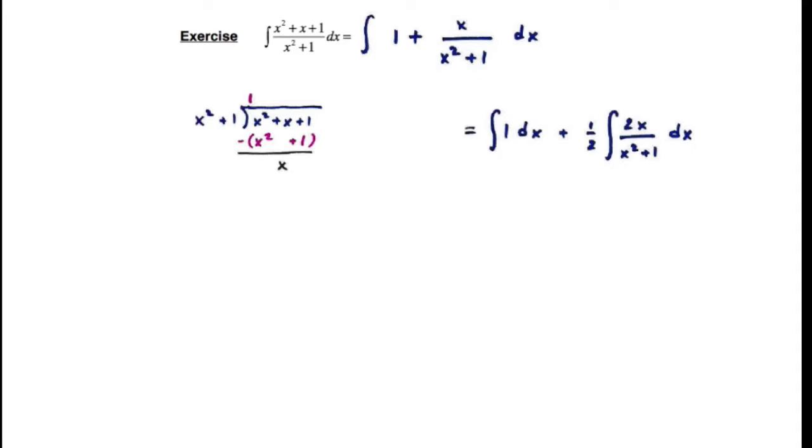And now I can create a situation where this is going to be the derivative of that by multiplying and dividing by 2. The integral of 1 dx is not ever going to be a problem, but here x squared plus 1, if I do a change of variable u equals x squared plus 1, I will have u prime dx here, so I'll be able to change this to du. And the final answer is right here.